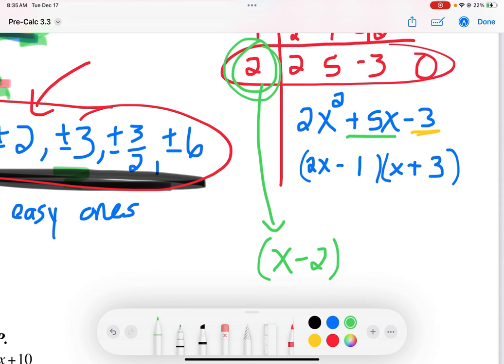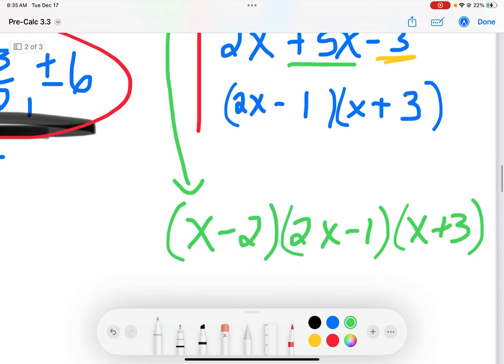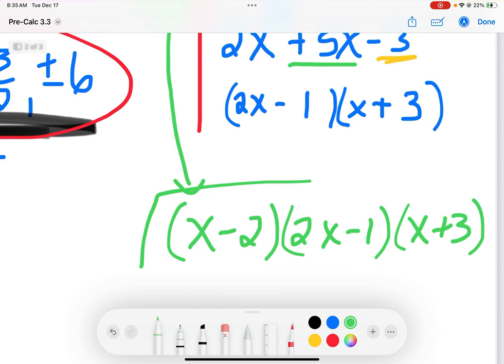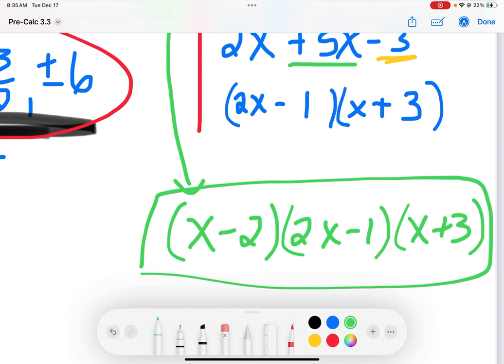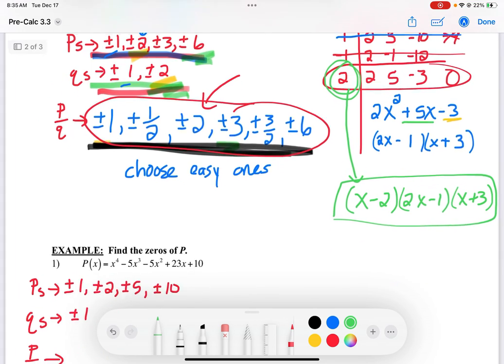Okay, and then we also have 2x minus 1, and we have x plus 3. Okay, so this problem just said to factor, so we're done there. If the directions ever say find all the zeros, well then we'd have to actually figure out what the zeros are. Okay?